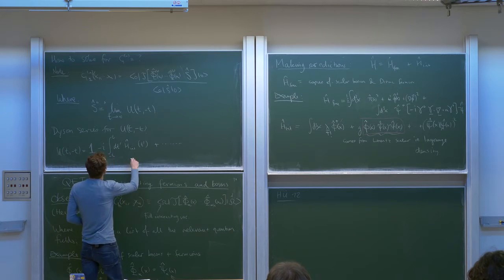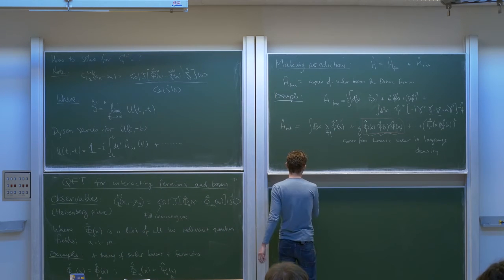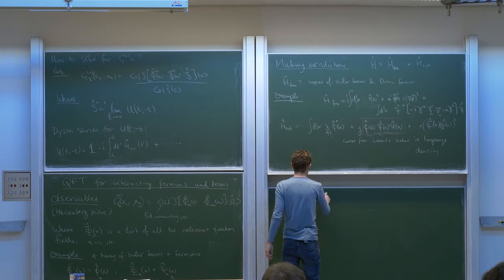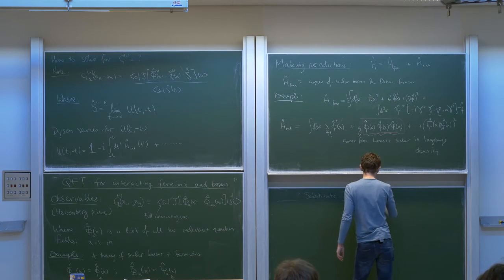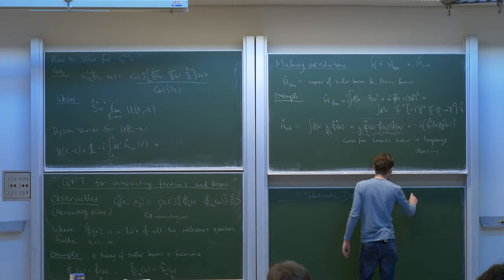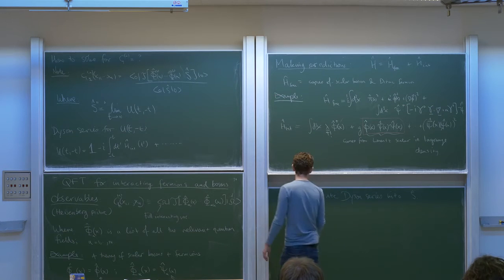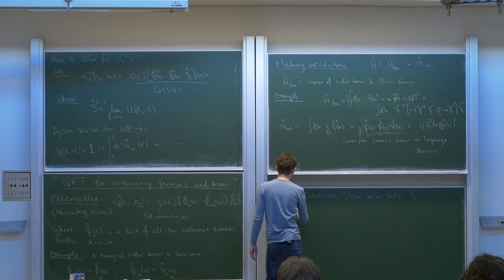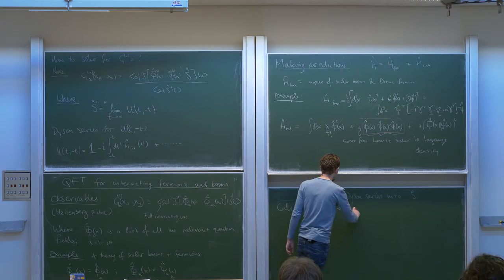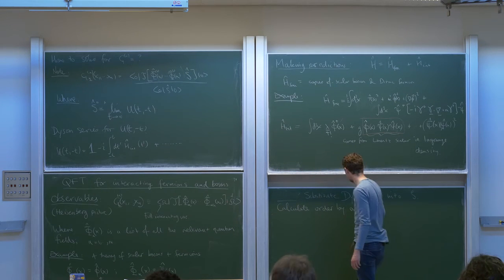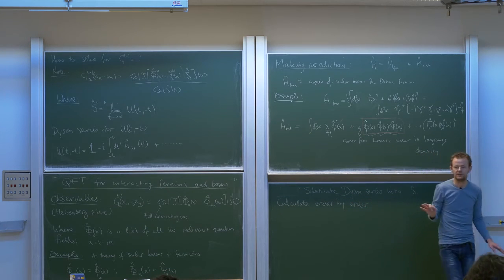So you substitute u into the place of s. And then you calculate term by term. So far that sounds all straightforward.